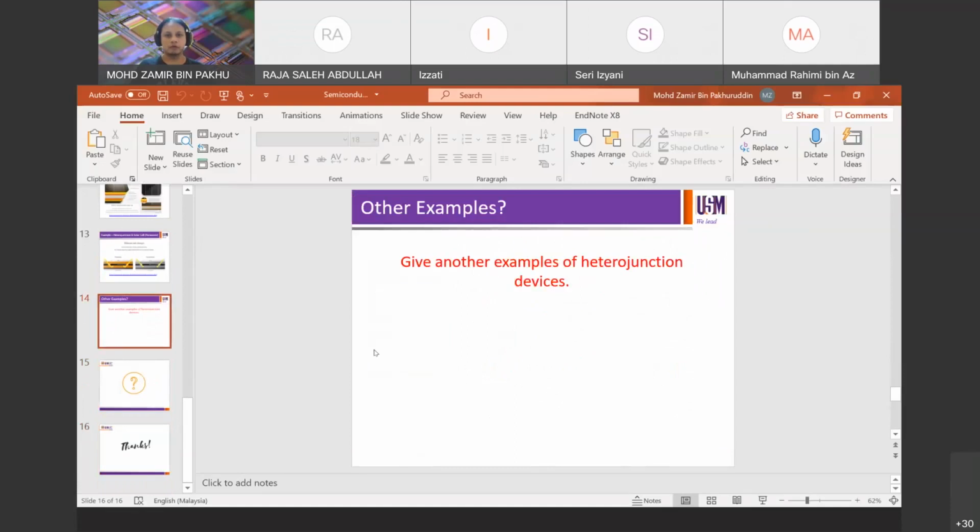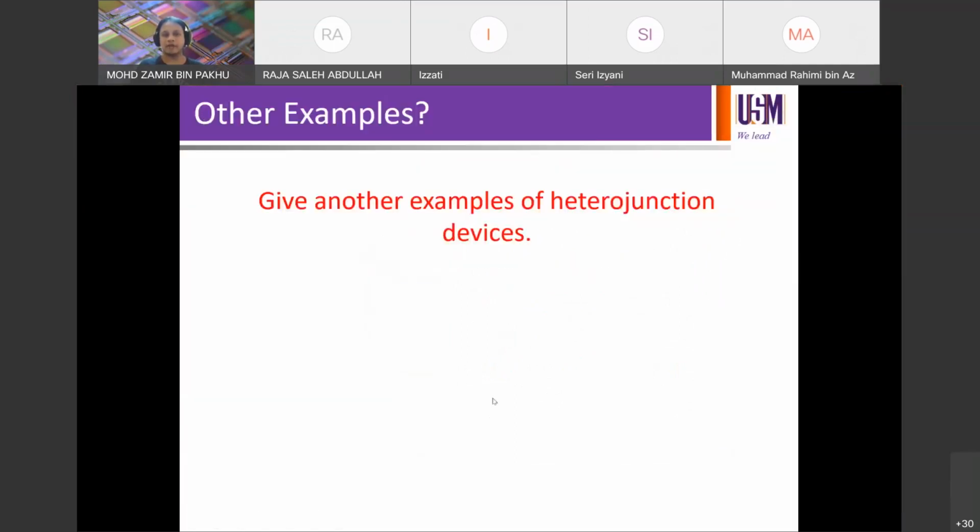Okay, so just go back and try to check for yourself on other examples of heterojunction devices. I believe some of you will also be mentioning this in your presentation next week as well. Okay, so you may encounter this in LEDs, for example, in some other semiconductor devices as well, which works based on heterojunction architecture.